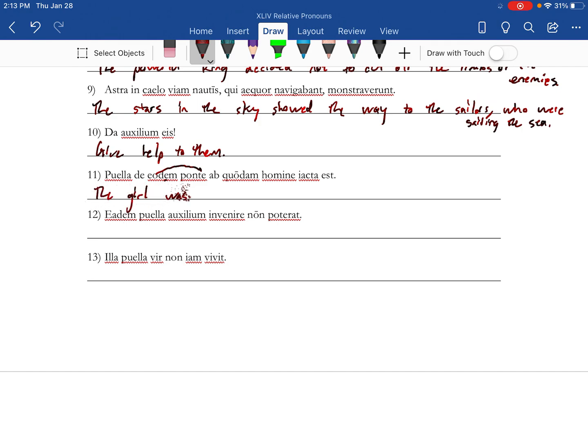The girl was thrown. Quidam is certain. This quo is matching up with the man. She was thrown by a certain man from the same bridge. Dem is same, the A is going with that one.